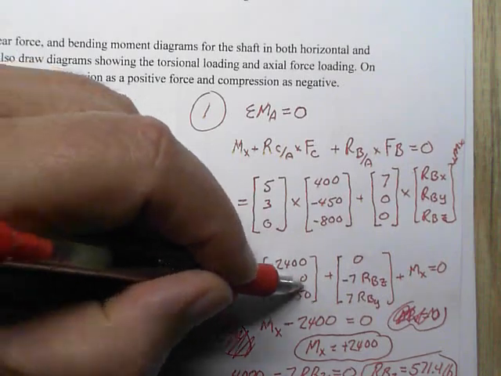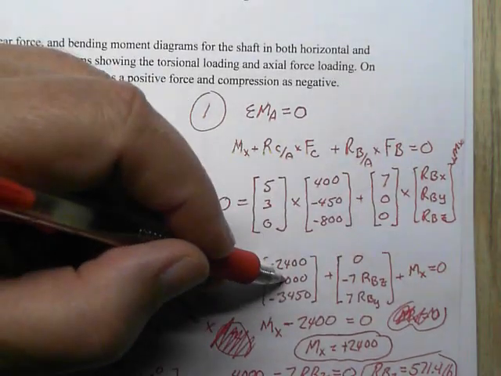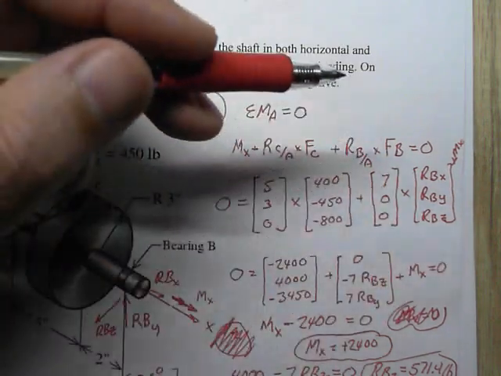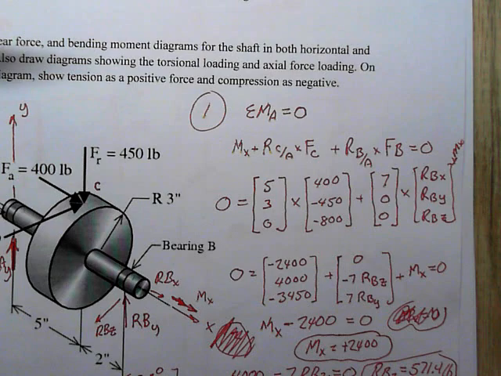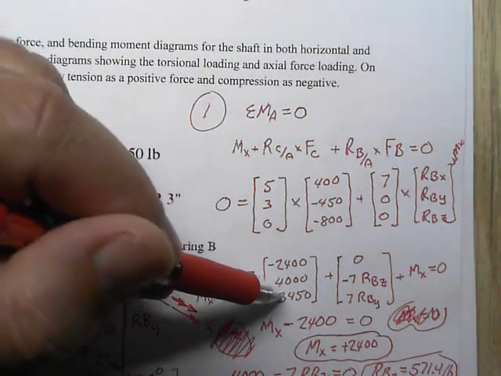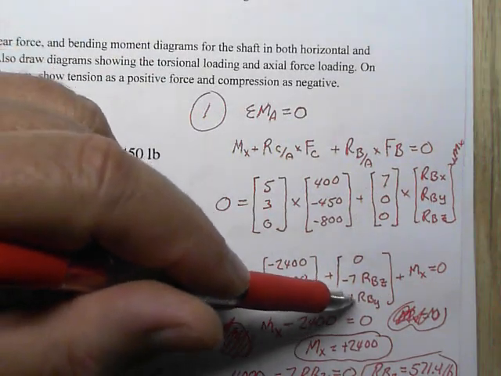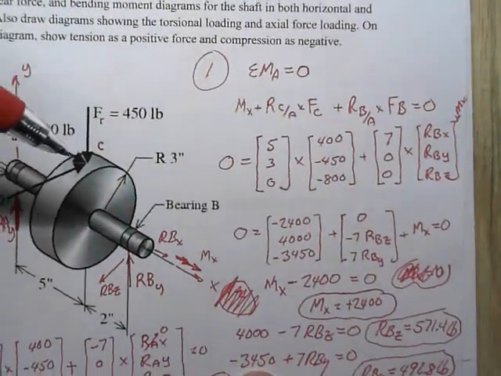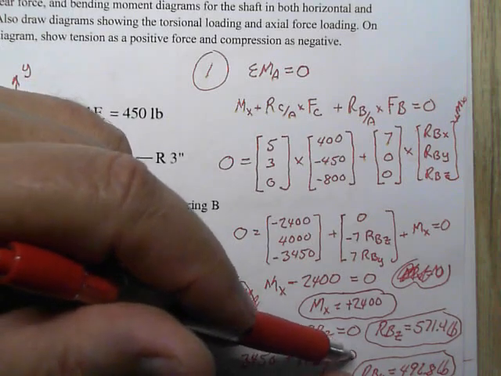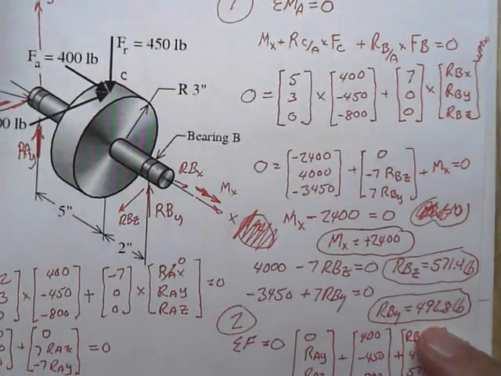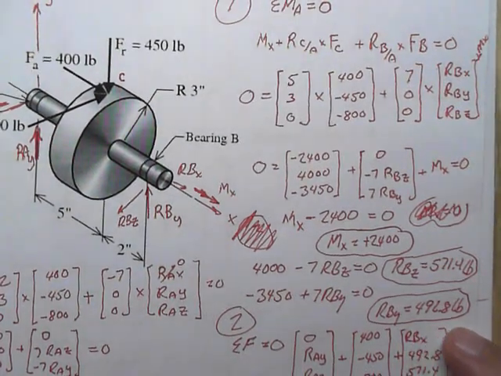Then taking the middle row, I get 4000 minus 7 RBZ equals 0, and RBZ is equal to 571.4 pounds. My final equation, minus 3450 plus 7 RBY equals 0, gives an RBY value of 492.8 pounds.